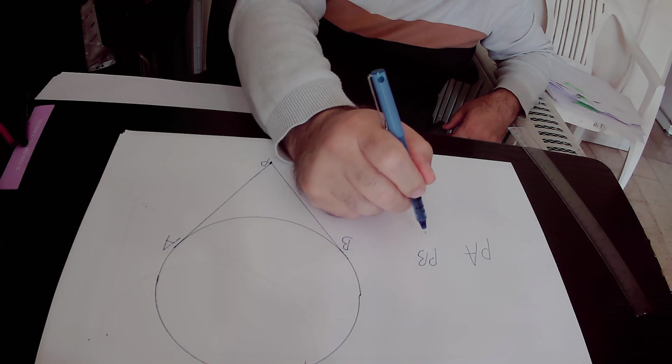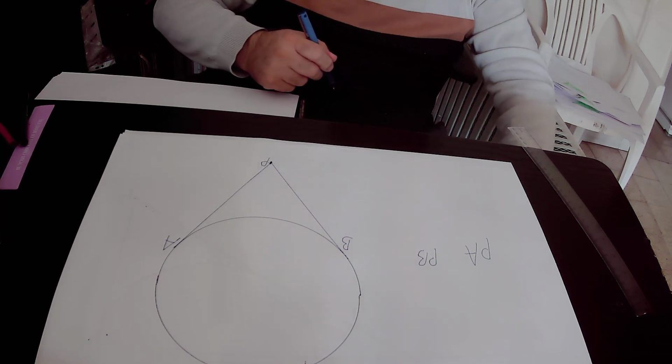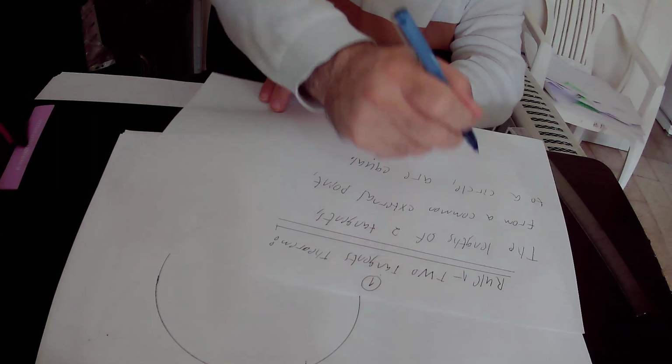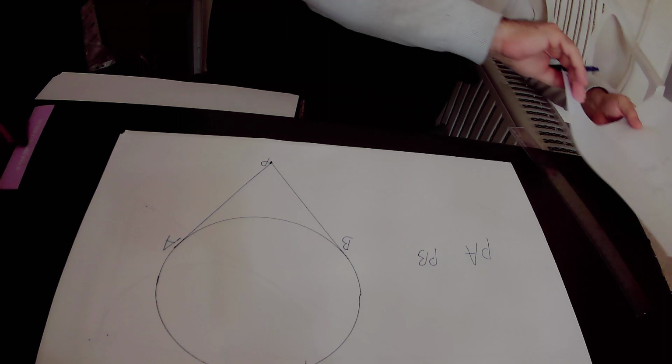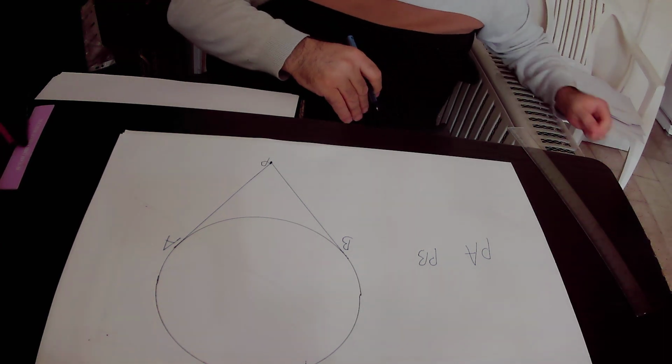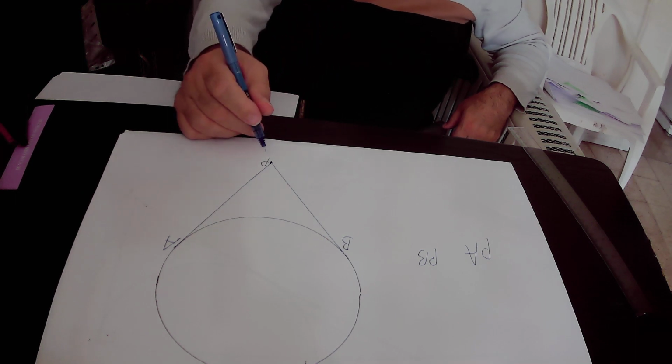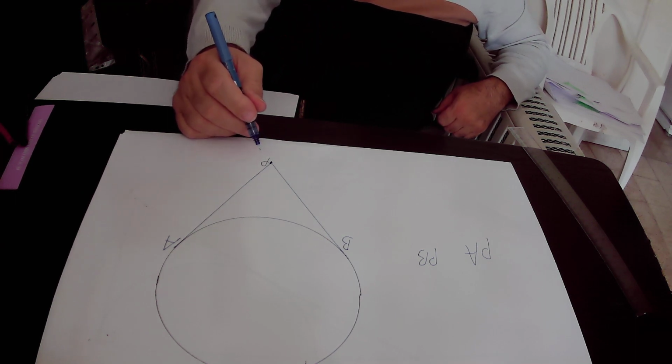And according to rule number 1, or the two tangents theorem, the lengths of two tangents from a common external point, that is to say from point P, to a circle are equal.